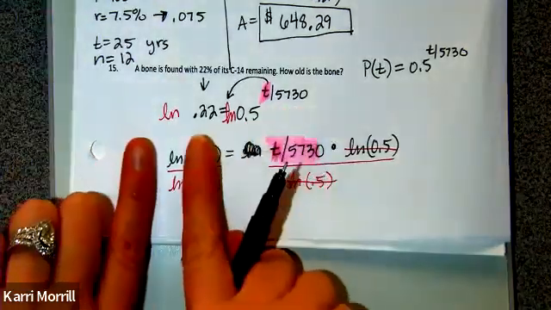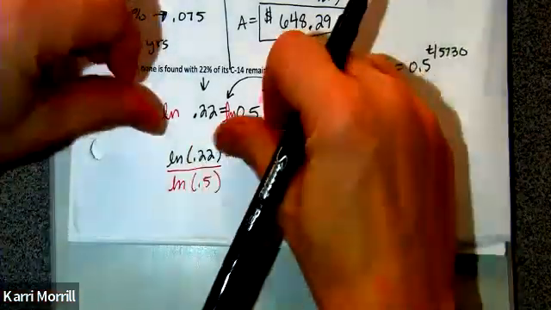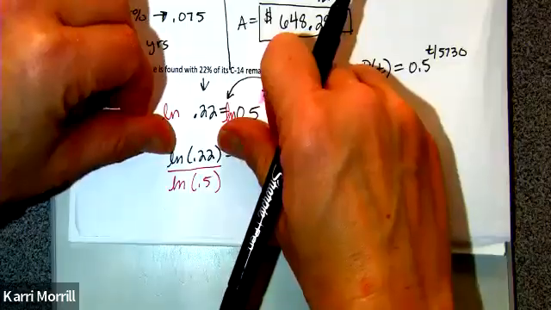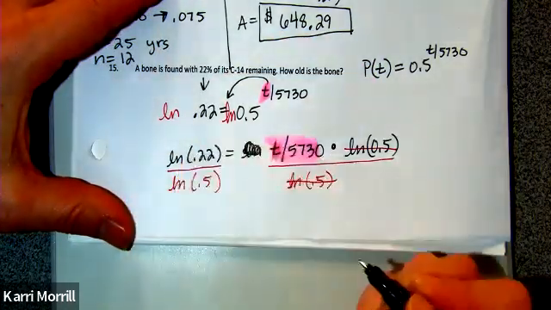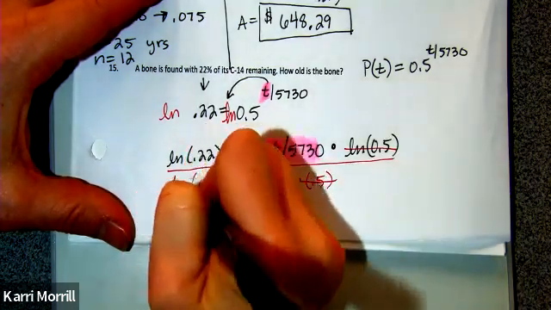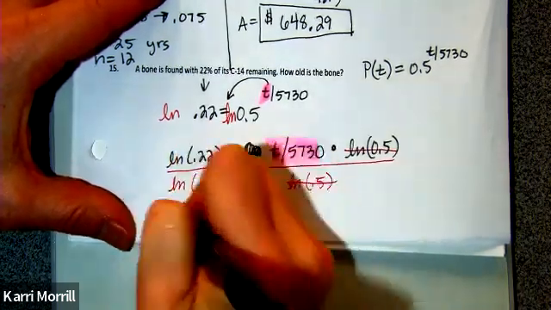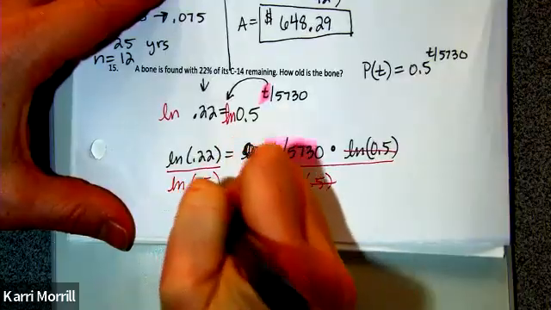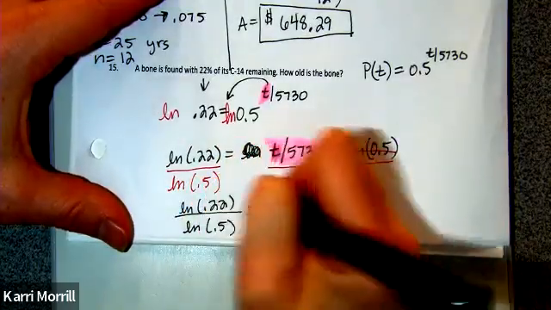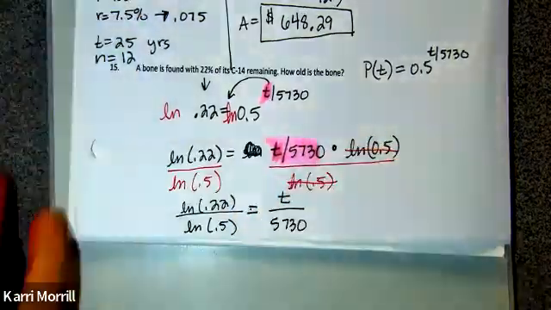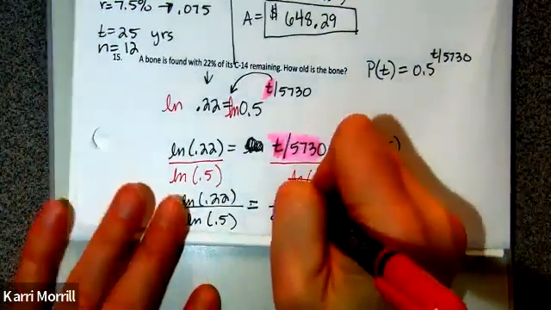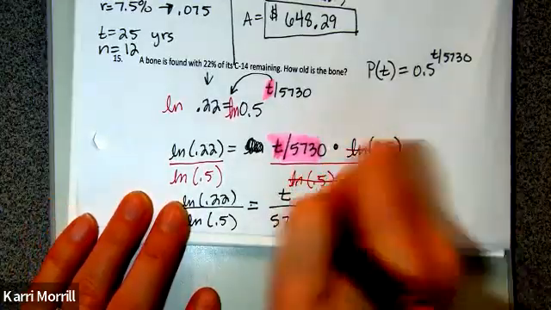So the natural logs don't cancel. Remember, you can put in your calculator natural log of 0.22 and you get an actual number, so don't do that if you're tempted to. I'll go ahead and rewrite this like I do so you can see what's happening. It's like saying T over 5730, which means you have to multiply times that 5730.